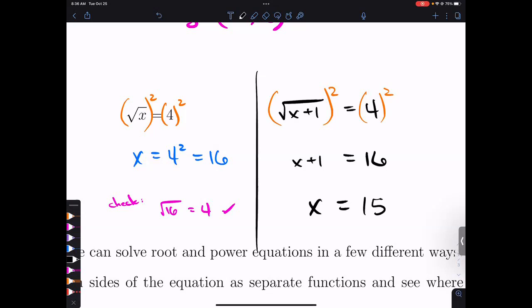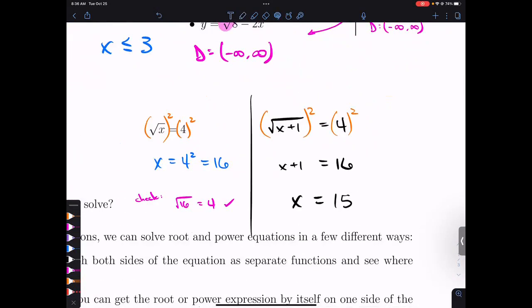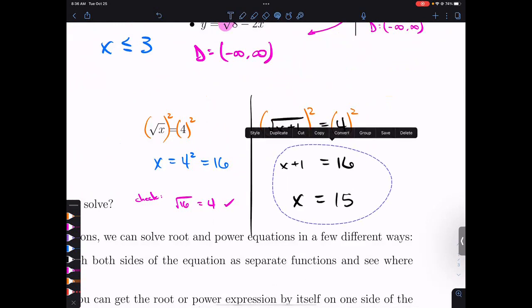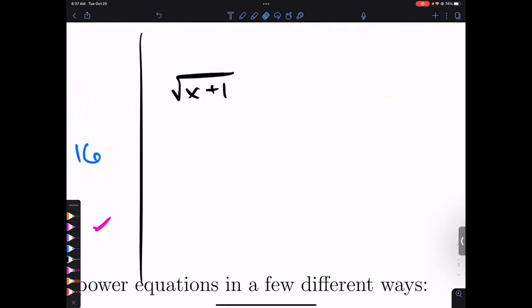You take 15, you add 1 to it, and then you take the square root and you get 4, right? Okay, one more real quick. What if all that same stuff, but it was the square root of x plus 1 minus 1 equals 3?